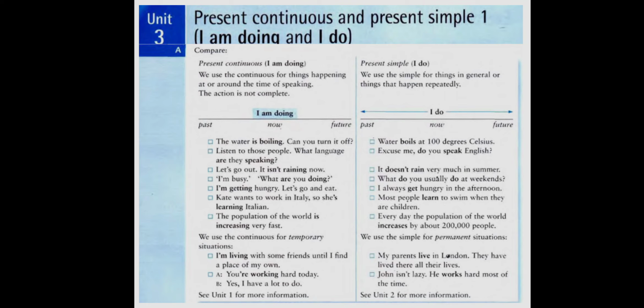So we use present continuous. But if I say my parents live in London, I speak about their whole life, a very long action, a permanent action. That's why we use the present simple. They have lived there all their lives.